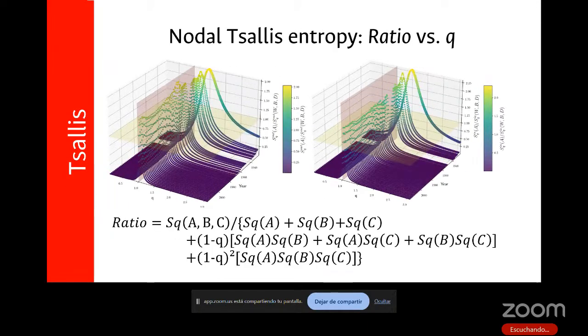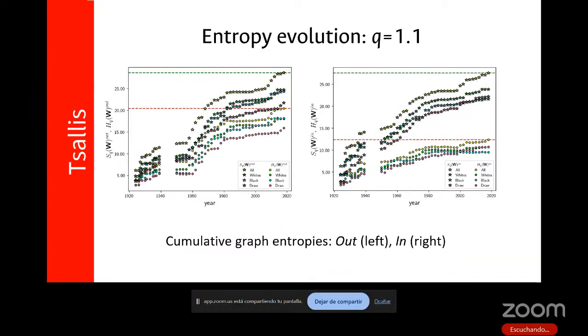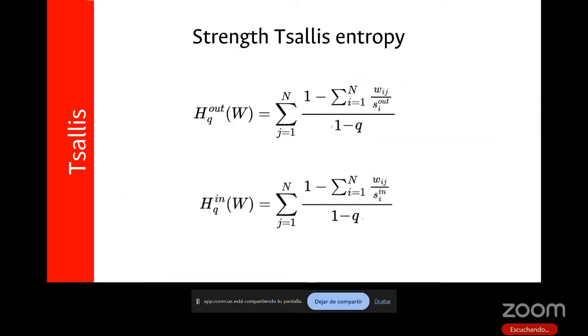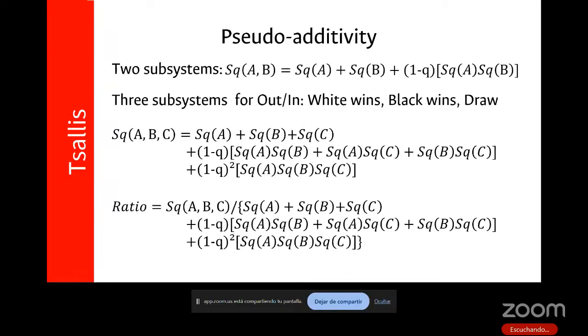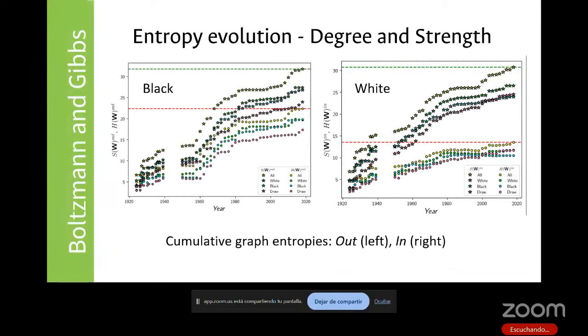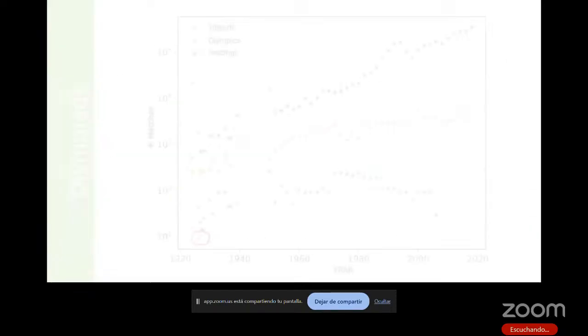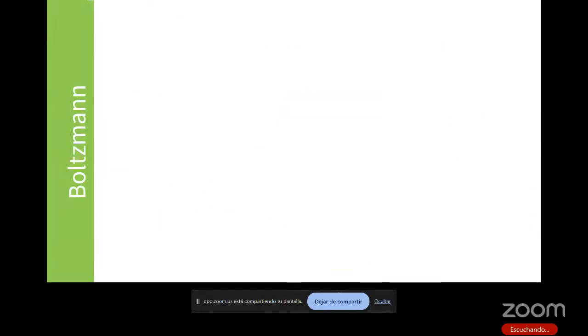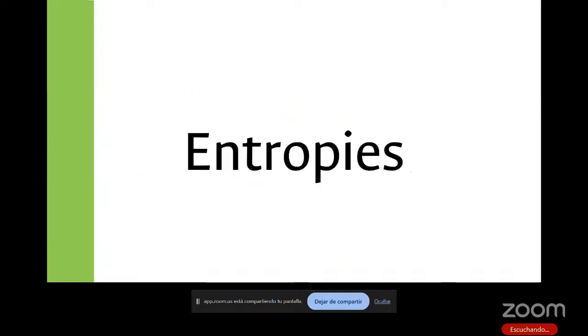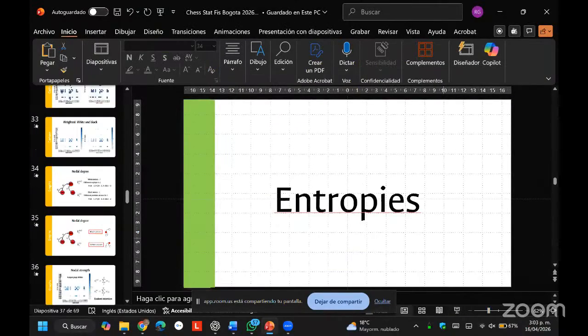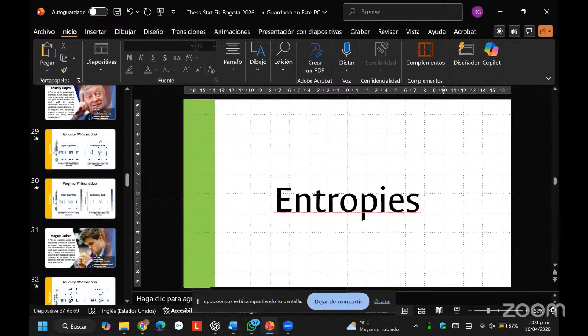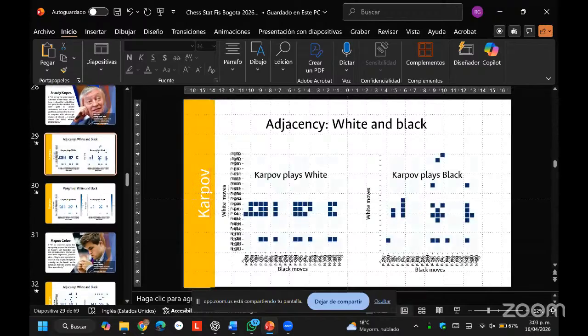You just have to remember what happened with the matrices. Let's look at Karpov's matrix. You see just 4 different first moves in all of his professional life.